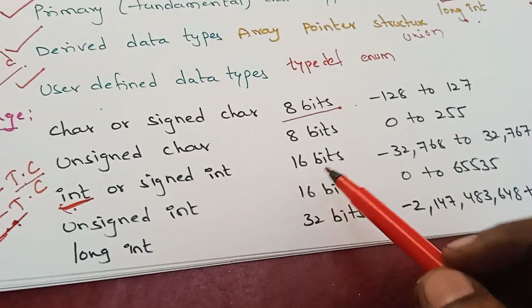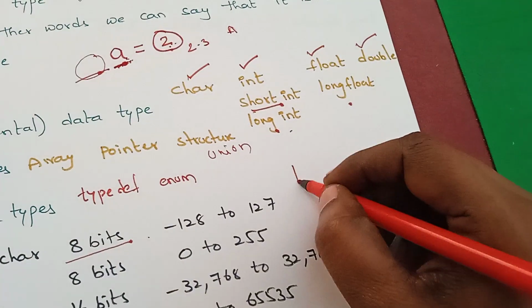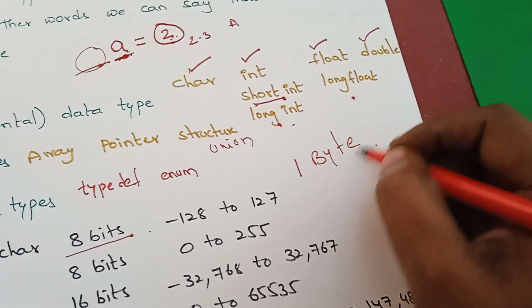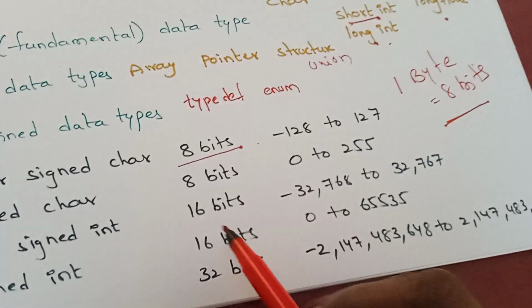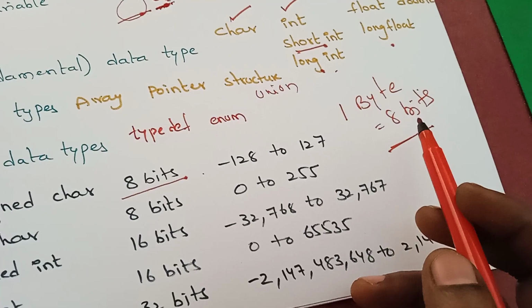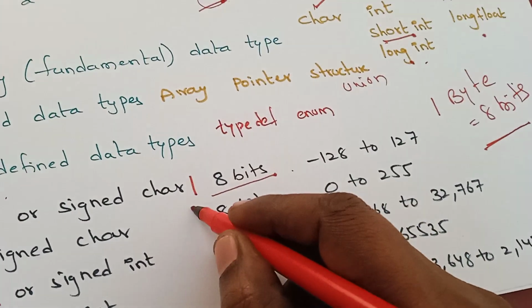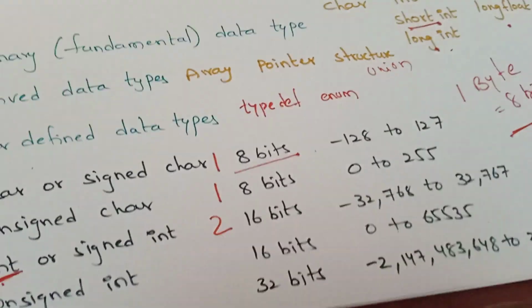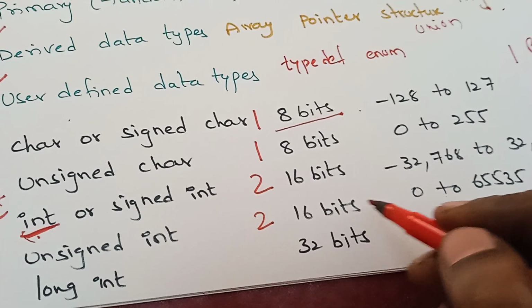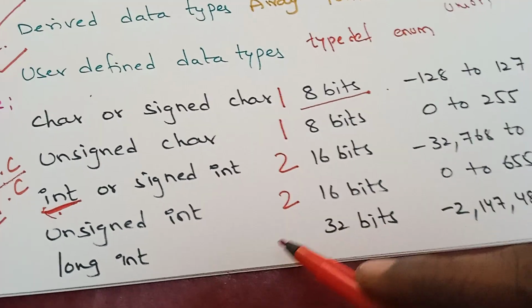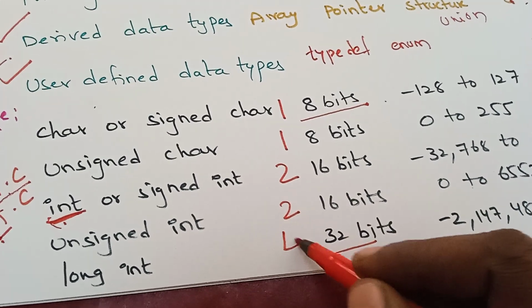Most importantly, 1 byte is equal to 8 bits. So 8 bits is 1 byte, 16 bits is 2 bytes, and 32 bits is 4 bytes.